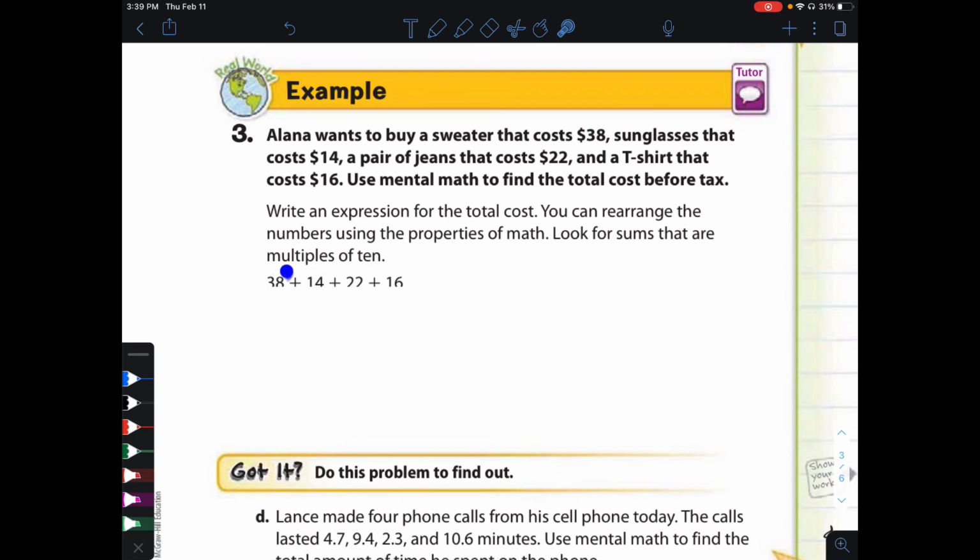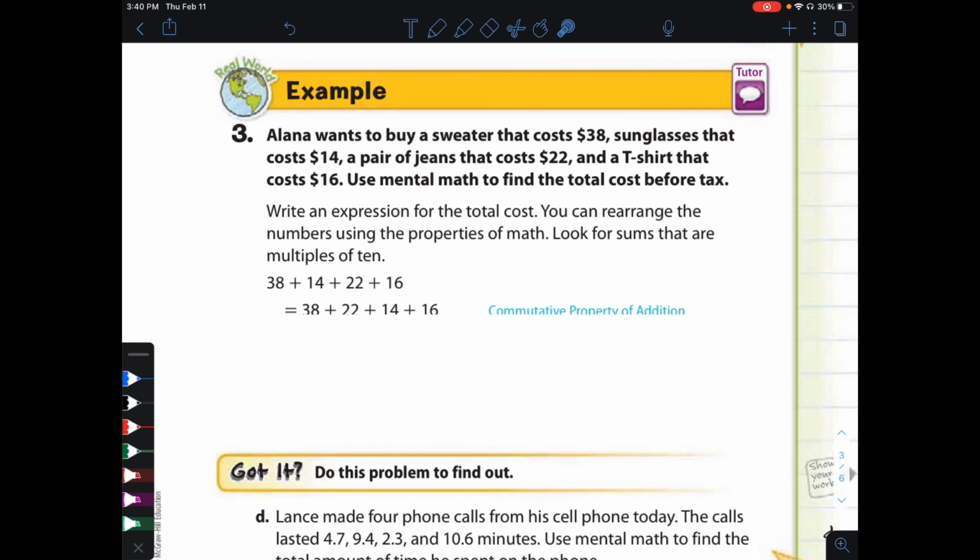I know that if I add 38 and 22, that would give me 60. And if I add 14 plus 16, that would give me 30. Those are the sums that we want. And therefore, I will rearrange them. So this becomes 38 plus 22, using the commutative property of addition, plus 14 plus 16.